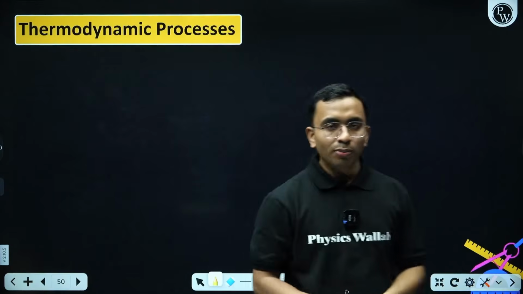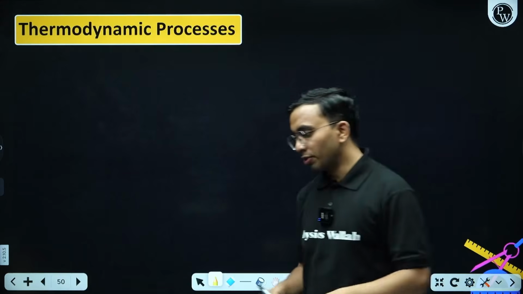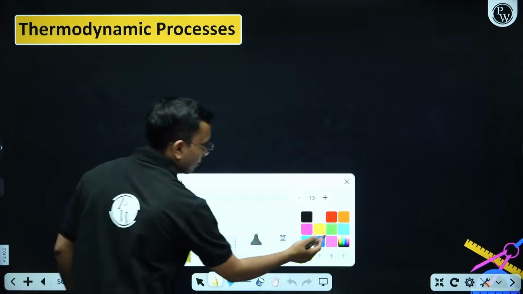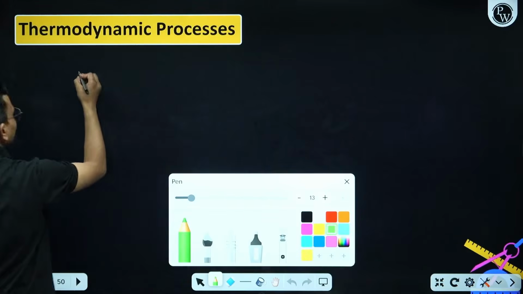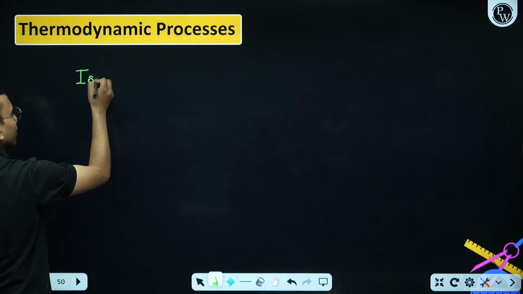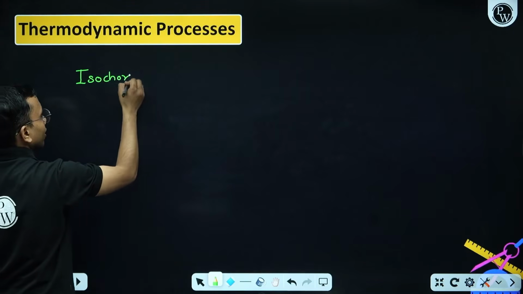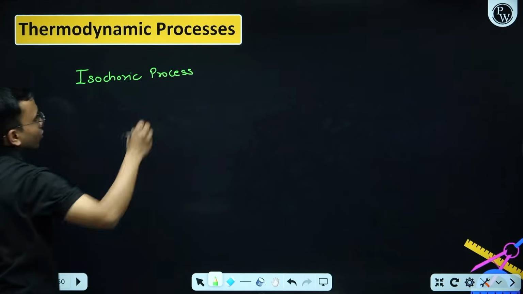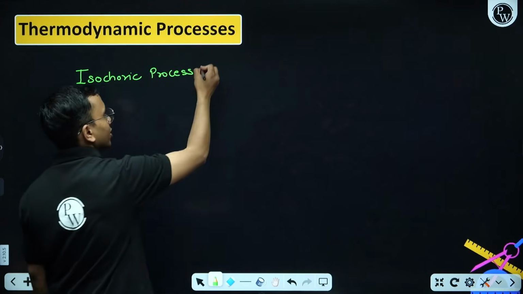Now let us talk about different types of thermodynamic processes. One by one we will go. Let us talk first about the isochoric process. Isochoric means volume remains constant.